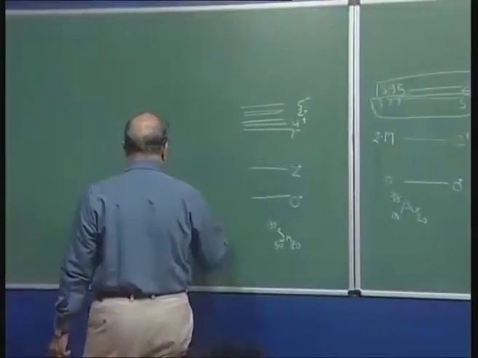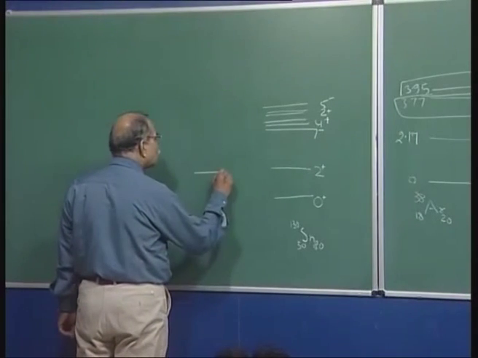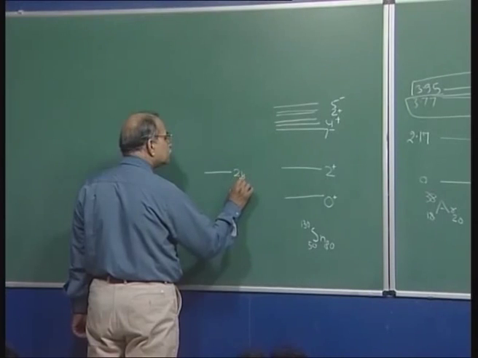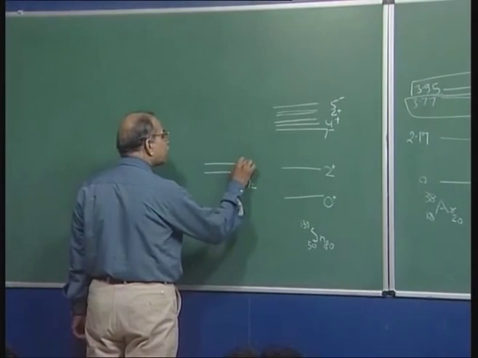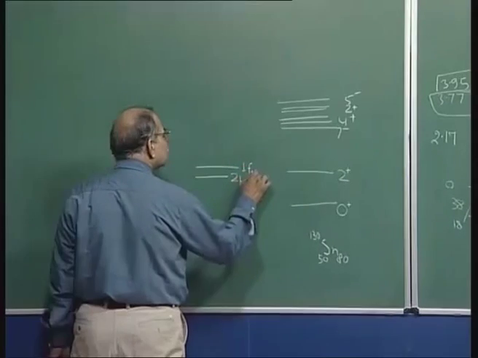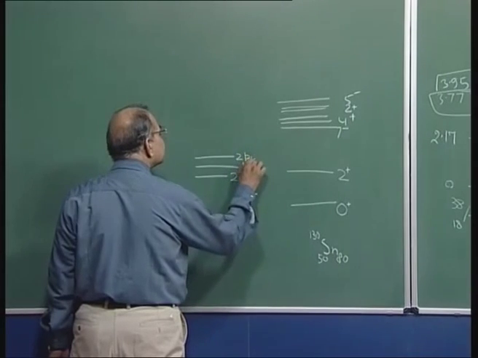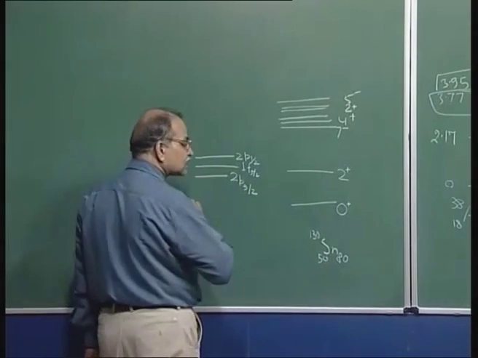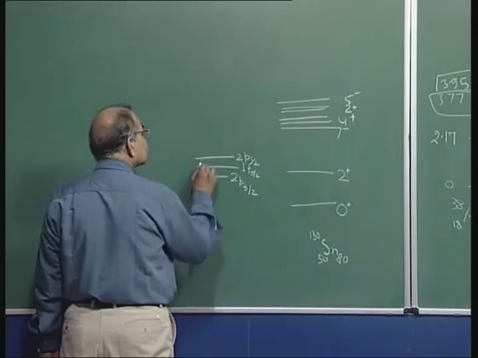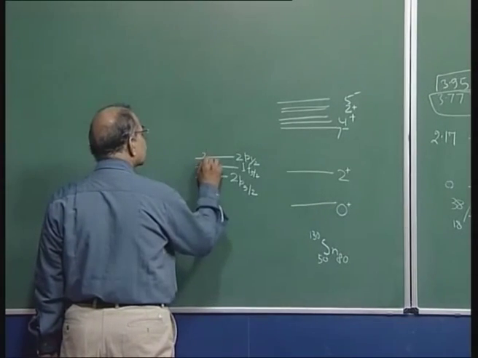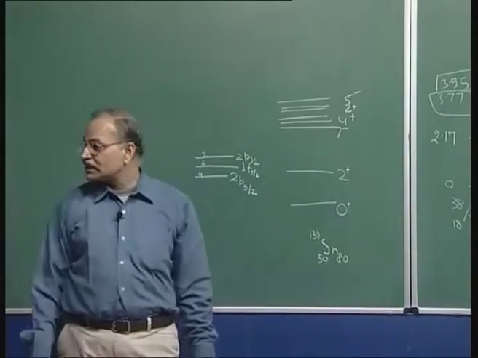Okay. So, after this 7 by 2 we are writing, so you have this 2p 3 by 2, 1f 5 by 2 and 2p 1 by 2, right. How much is this? 4 here, 6 here, 2 here, and what is missing?